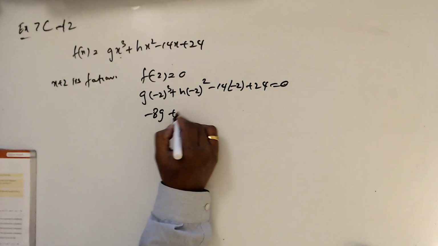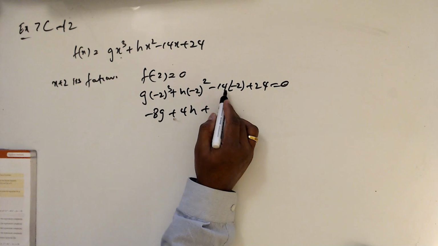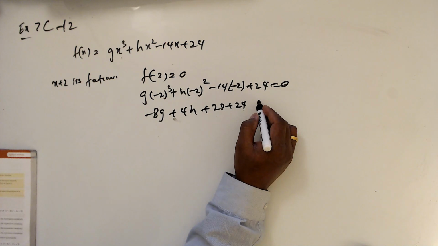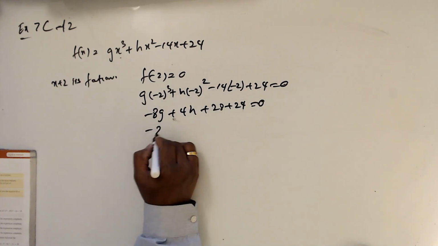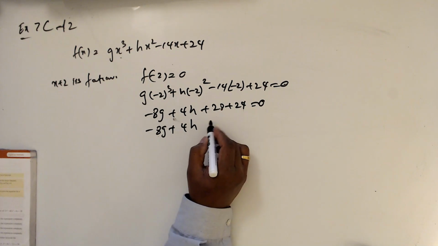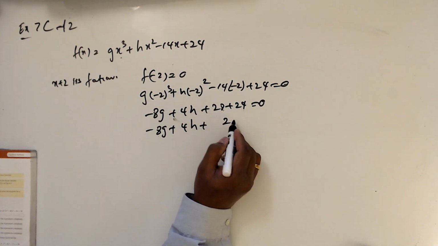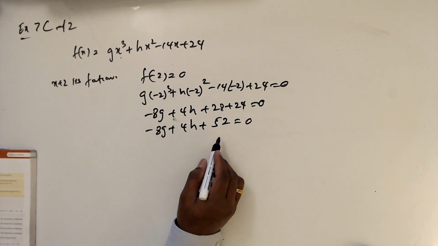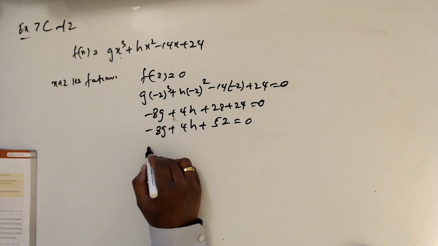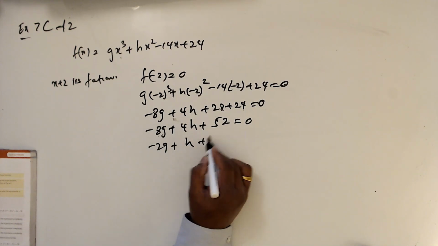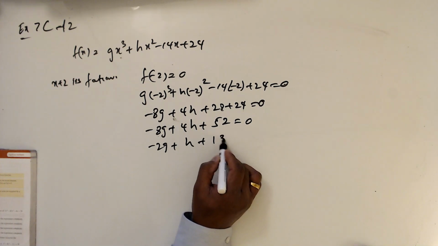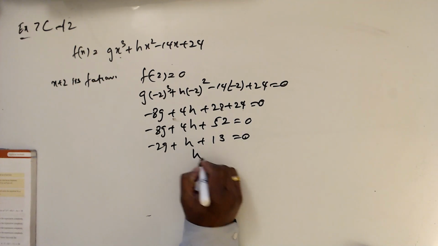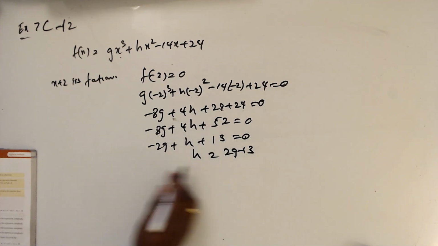Minus 8g plus 4h plus 28 plus 24 equals 0, minus 8g plus 4h plus 52 equals 0. I think I can divide by 4. There is going to be minus 2g plus h plus 13 equals 0. So h equal to 2g minus 13.